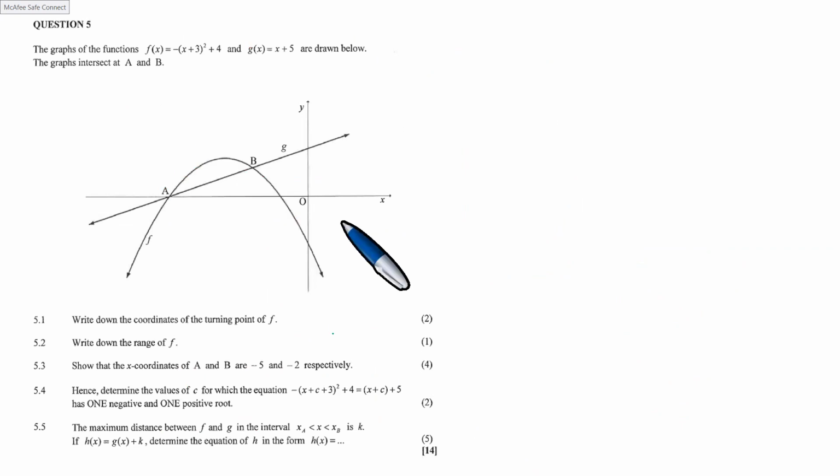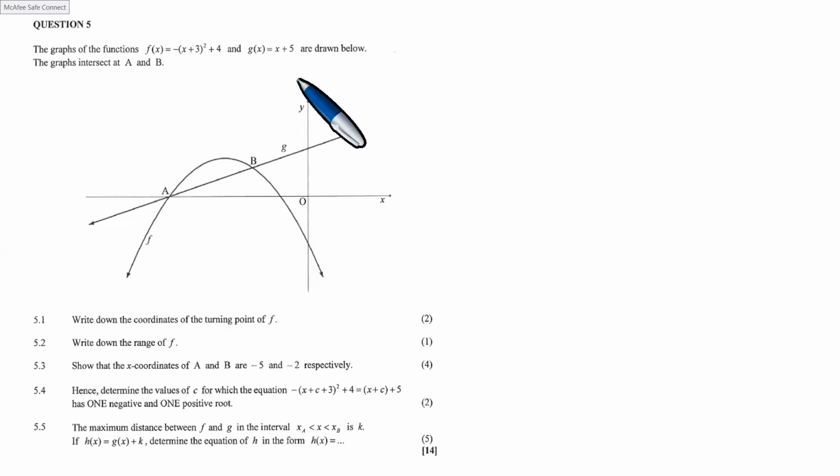Now here's another question that came in June this year, and a question like this is coming in November. It must not surprise you because this is just how the November paper is going to be. But now you need to take it seriously. In question 5, the graphs of the functions f of x equals minus (x plus 3) all squared plus 4, and g of x equals x plus 5 have been given to you.